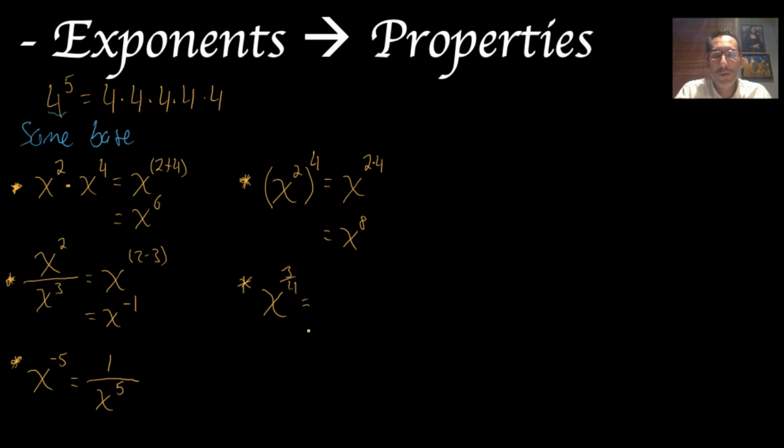So the property that we get to use is that whenever you have an exponential that is a fraction, we can transform that into a radical, okay? So this will be equal to the root. Now pay attention here. The denominator, in this case 4, is gonna become the value of the radical, okay? So this will be the fourth root, and then the 3 just sticks to the x. So here inside I'm gonna have x to the power of 3.